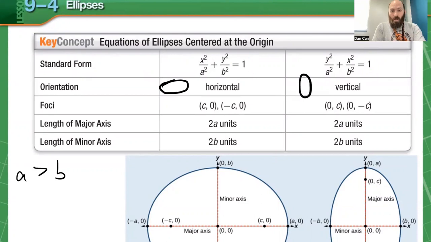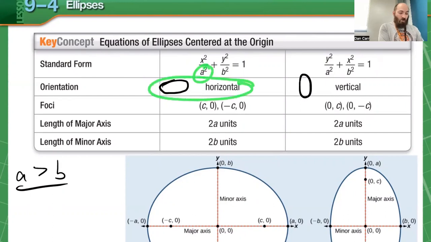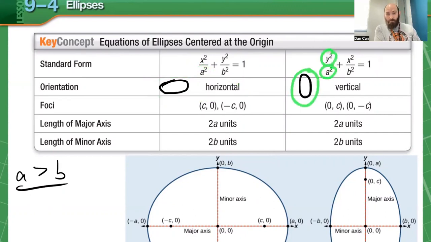X squared over a squared plus y squared over b squared, or y squared over a squared plus x squared over b squared. The thing to remember about a squared and b squared is that a is always larger than b. So I look at the larger number: if it's under the x squared, it's going to be a horizontal orientation. But if the larger number is under the y squared, that gives us our vertical orientation.